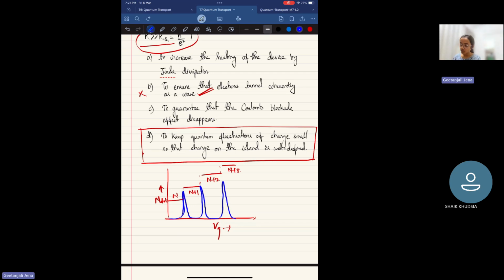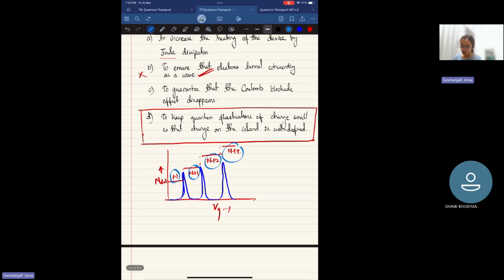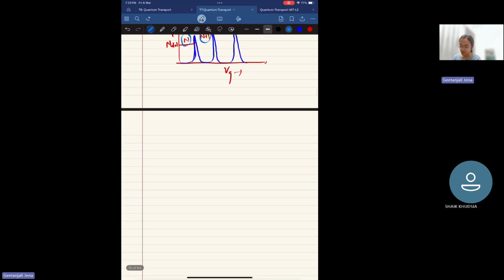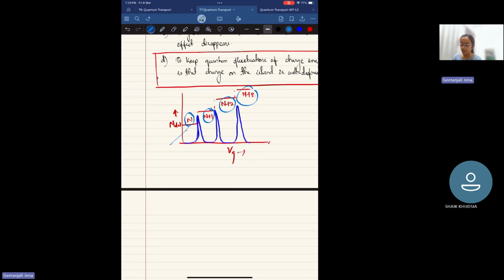Okay, so for this to happen, for charge carrier to be well defined in this region, we need that this island, by island I mean the quantum dot region or the classical dot region, must maintain the integer states of the charge carrier without any strong quantum fluctuation.